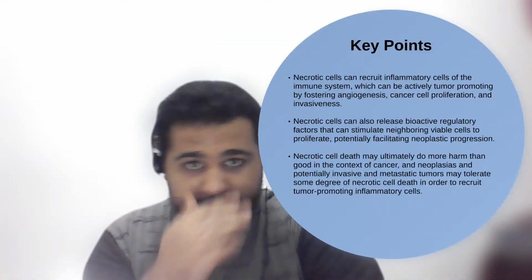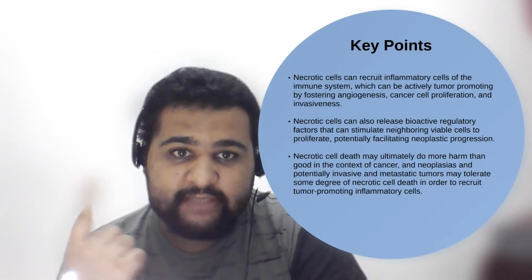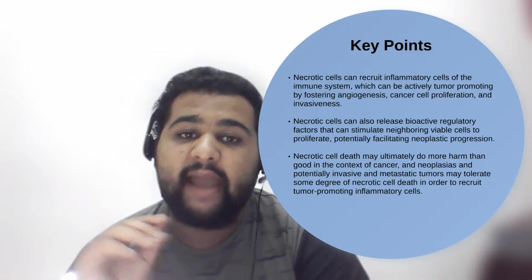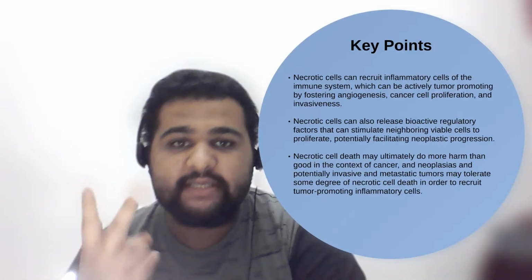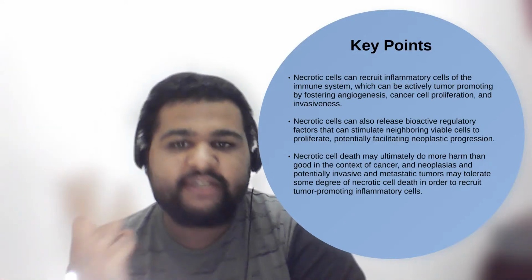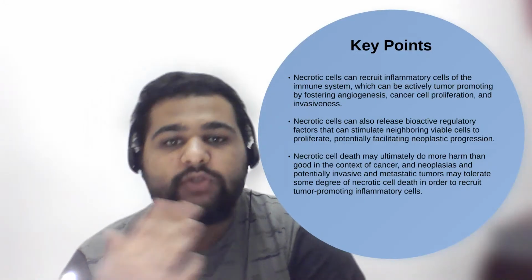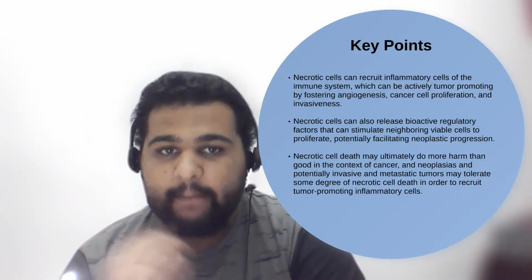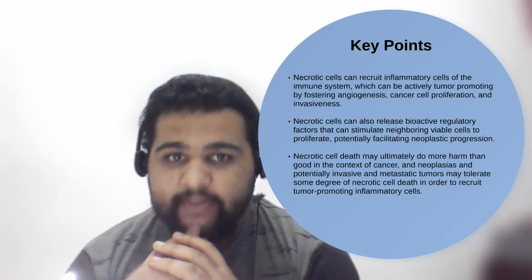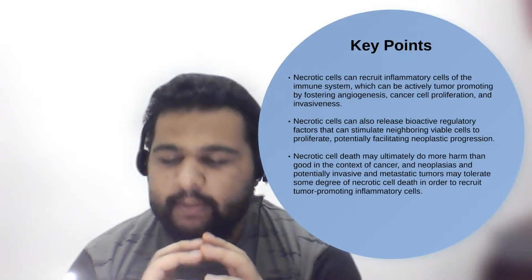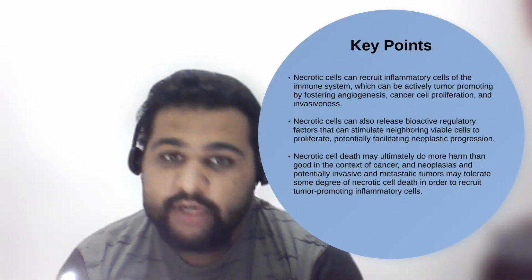So now the key takeaways over here are that necrotic cells can recruit inflammatory cells of the immune system, which can actively be tumor promoting by fostering angiogenesis, cancer cell proliferation, and invasiveness. Necrotic cells can also release bioactive regulatory factors that can stimulate neighboring viable cells to proliferate, potentially facilitating neoplastic progression.